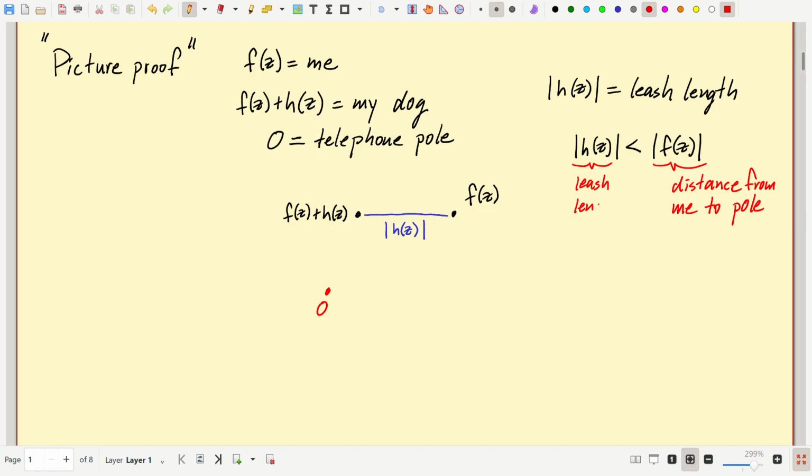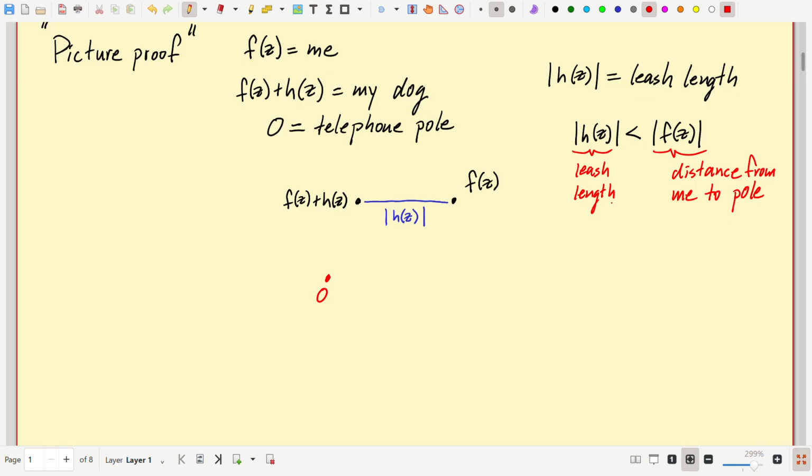And so it means I never let my dog run around the pole. And remember the argument principle from last time: if you count the number of times f of z spins around the origin, that's the number of zeros inside of f. If I go around the pole 6 times and I keep my dog within the leash distance, less than the distance from me to the pole, the dog can't sneak around any extra times. So the dog would go around the pole the same number of times I do.